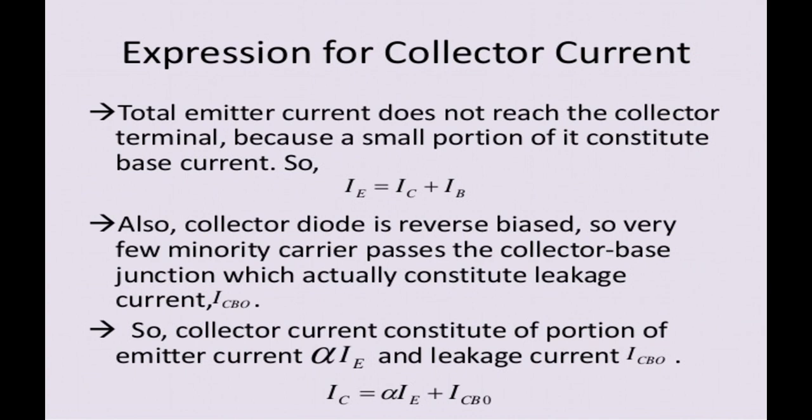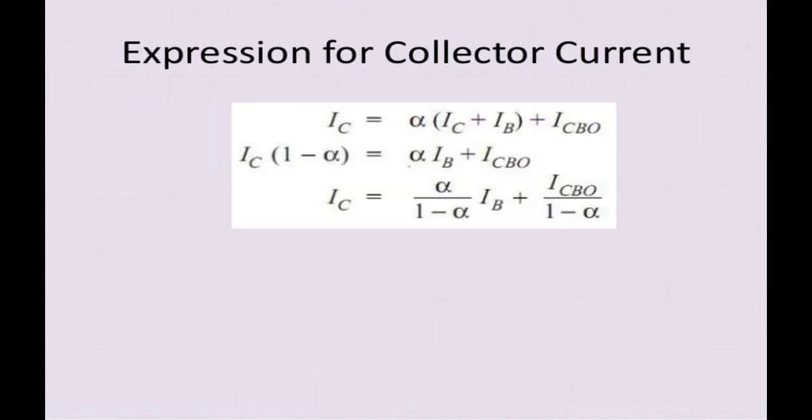So the collector current consists of a portion of the emitter current, alpha IE, and the leakage current ICBO. This is the collector current equation: IC equals alpha, the current amplification factor, into IE, plus ICBO. These are the expression of IC.